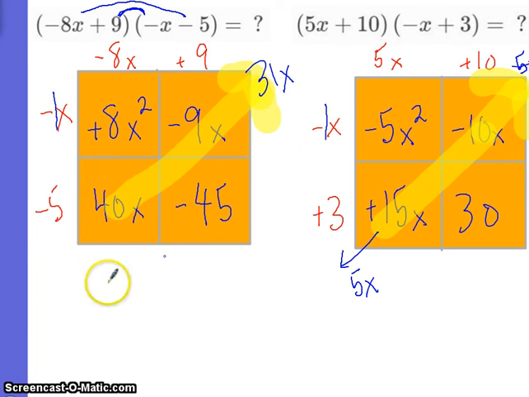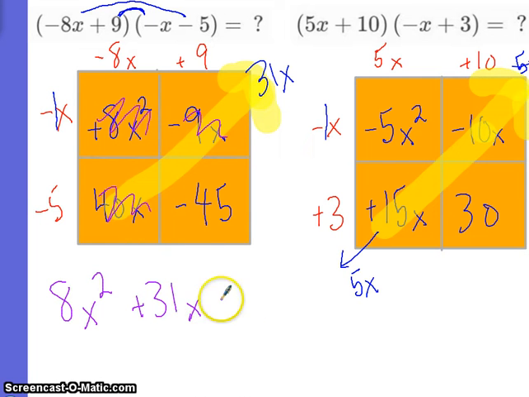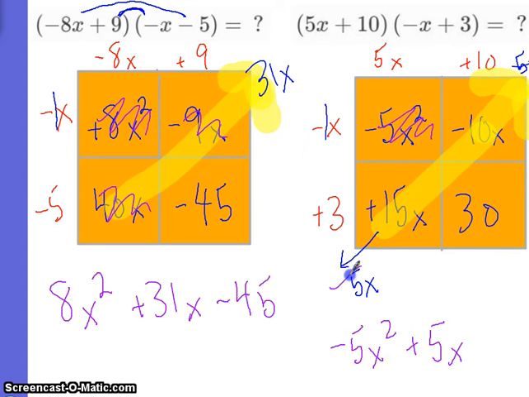All right, so the grand total for this one, purple, 8x to the second power, 31x, which comes from these two terms, 31x and minus 45. And then for this one, negative 5x squared from here. From 15x minus 10x, I get 5x, and then the last term is 30.